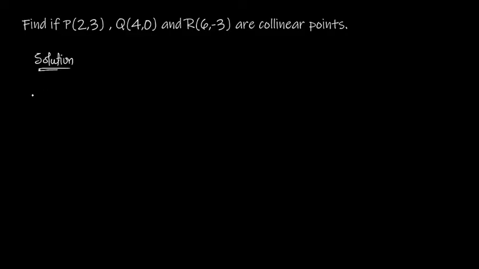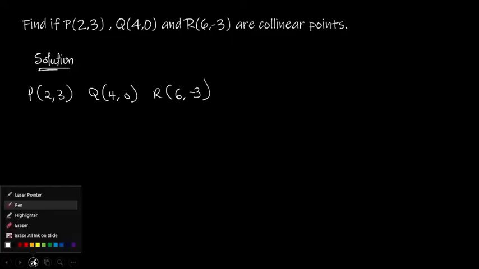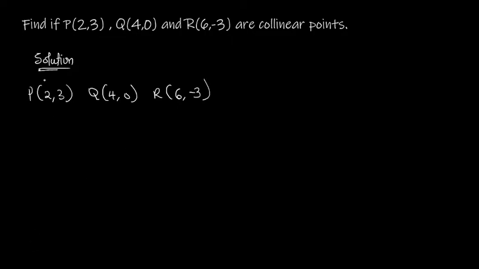So this time around, I'm going to write my P with the coordinates 2, 3. I write my Q 4, 0, and I write my R 6, -3. So from here, I'm going to label my coordinates. This is my x1, y1, x2, y2. This is my x3, y3.